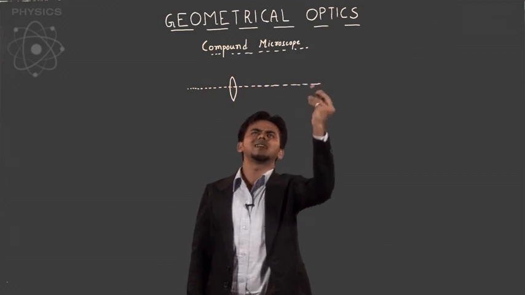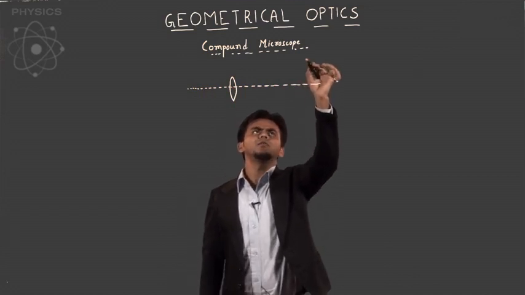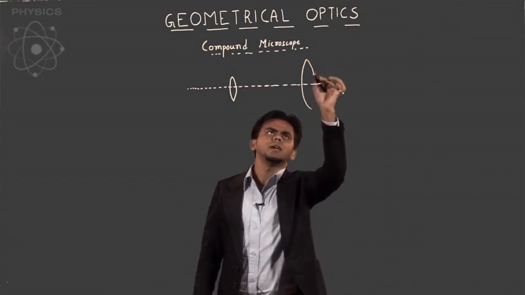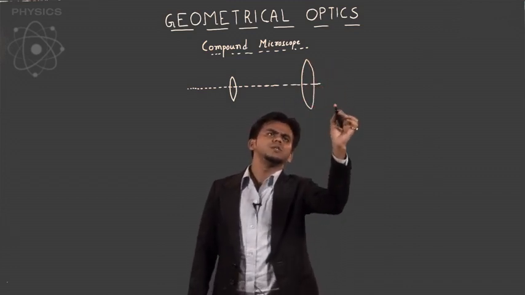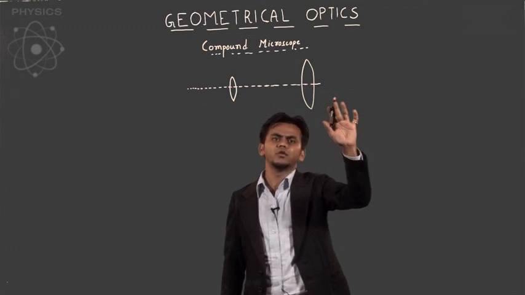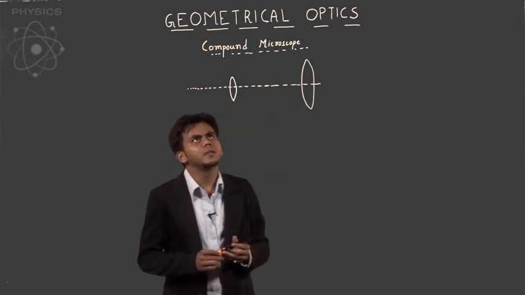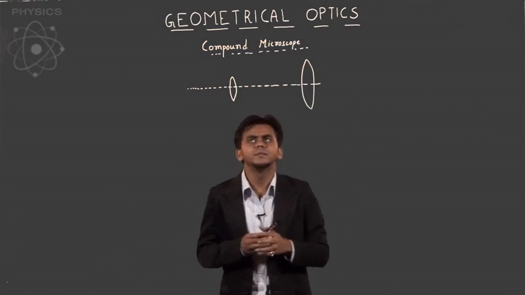This is the principal axis, and let's think of an eyepiece over here. This is the eyepiece, which means you would be seeing somewhere from here. Here your eye would be situated over here. Now this lens has a small focal length.